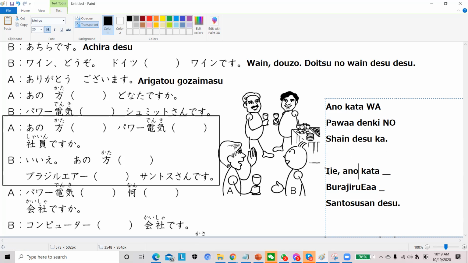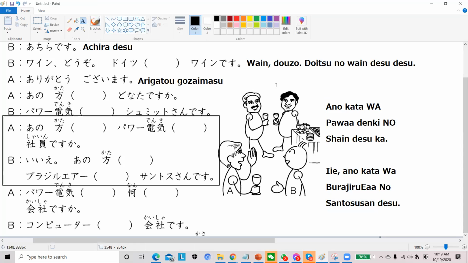Then how will you answer it? Iie, anokata wa. Burajiru, ano hito, Santosu-san desu. Okay, good. Because they are not talking anymore about Shimito.